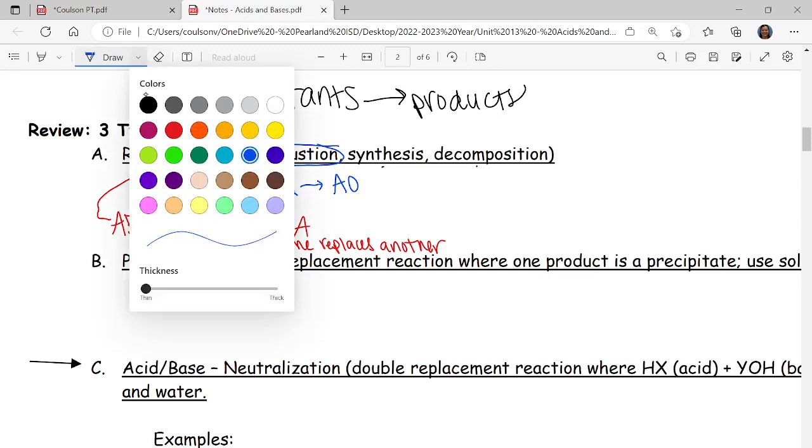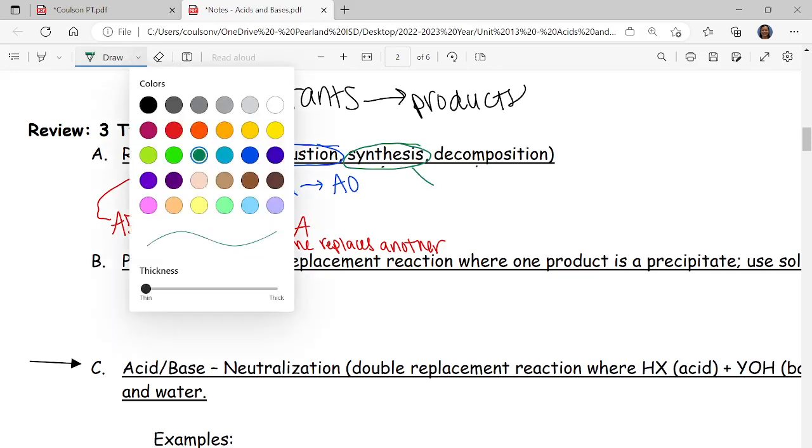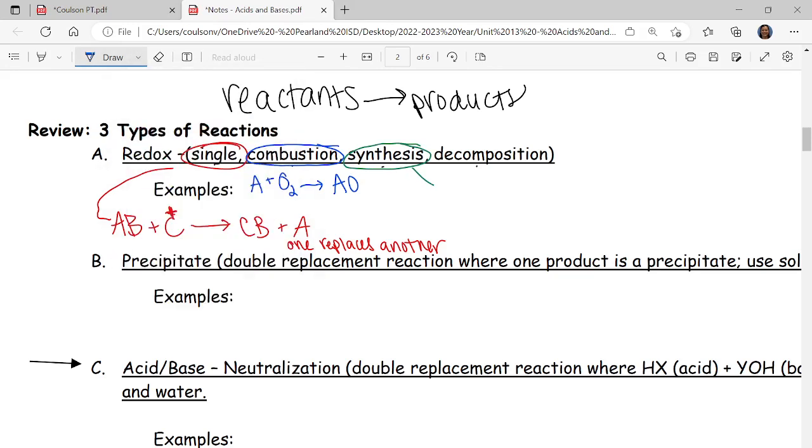What about synthesis? Is that when you like break it down? No. Synthesis means, I'm going to give a little description of this one. So we have O2 as a reactant.